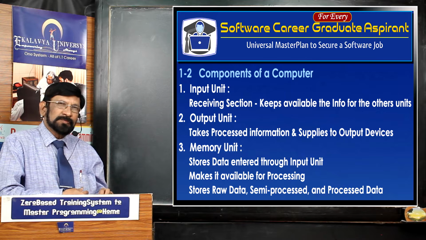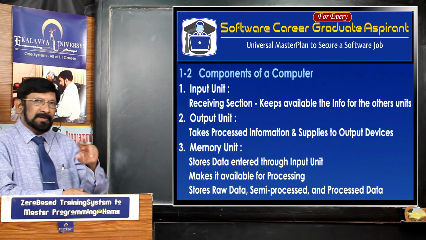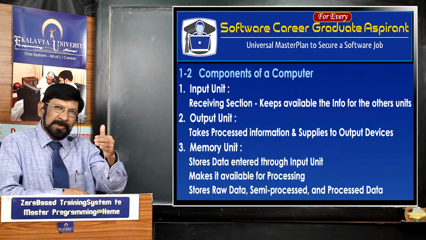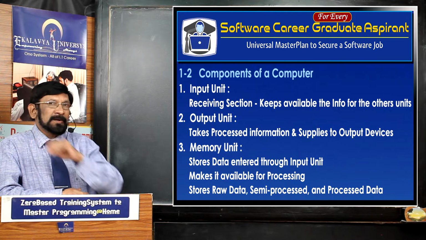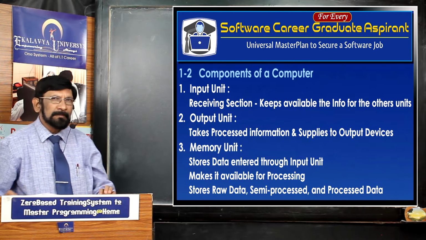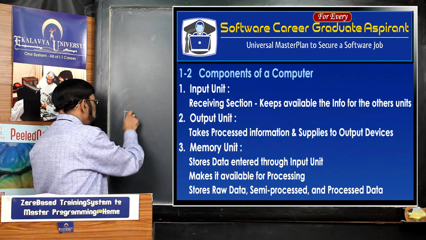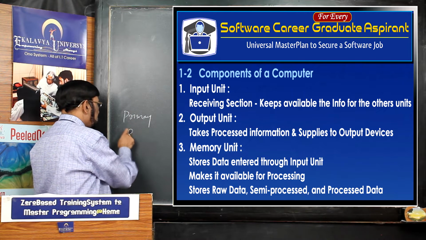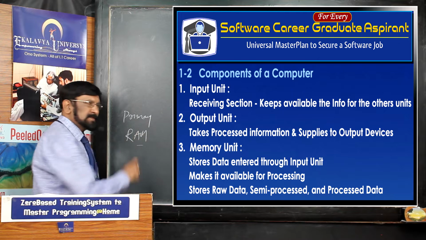So, the memory system is divided into two units: a temporary memory unit and a permanent memory unit. Now we are talking about the temporary memory unit. It is also known as primary memory, or RAM, random access memory.